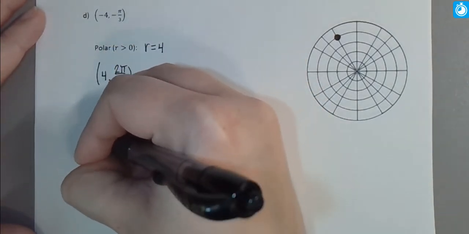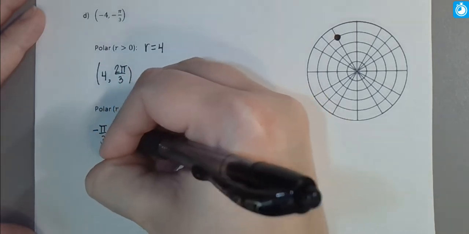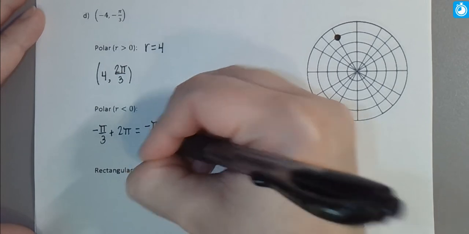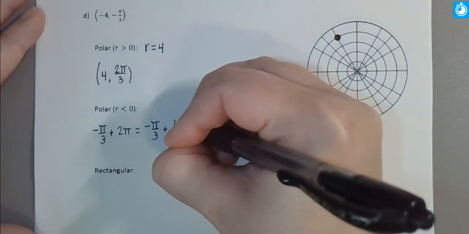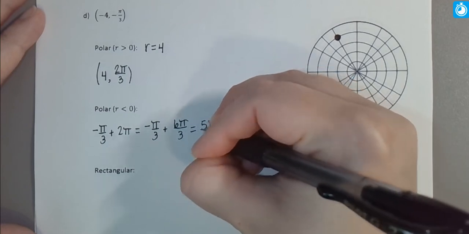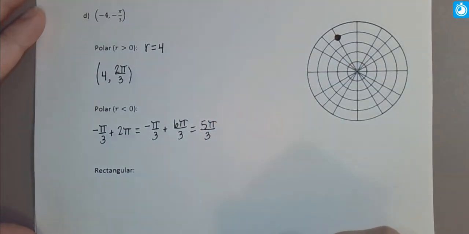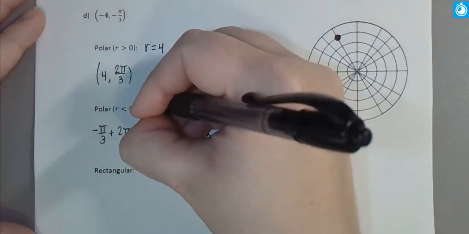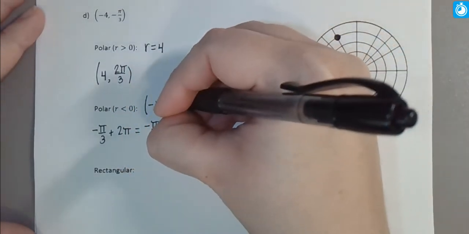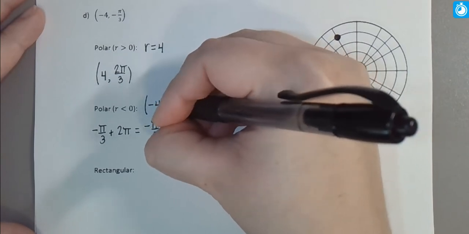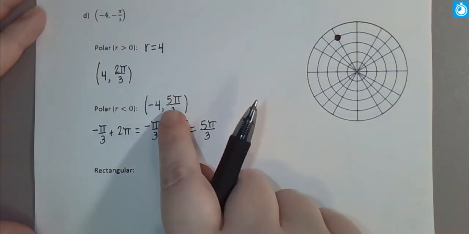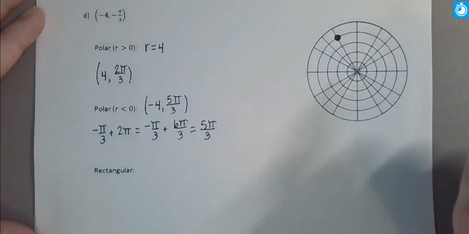So -pi/3 plus 2 pi, that's -pi/3 plus 6 pi/3, which is 5 pi/3. So another pair of coordinates would be -4 and 5 pi/3. Let's verify that that makes sense as well, that the graph's the same way.